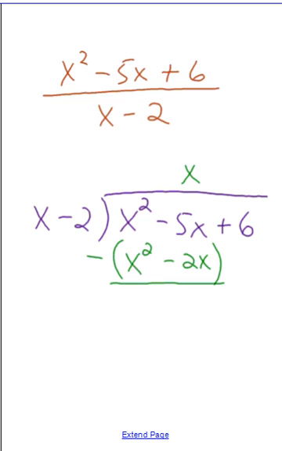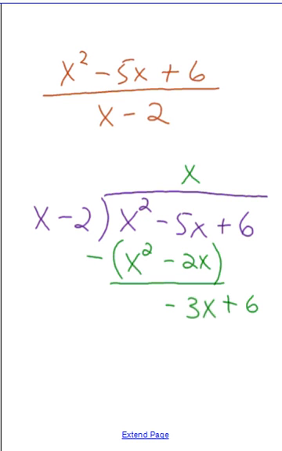Now look, I have x squared minus x squared. What's that? 0. Negative 5x minus negative 2x is negative 3x. Nope, because it's negative 5x minus negative, so plus. And then bring down the plus 6.